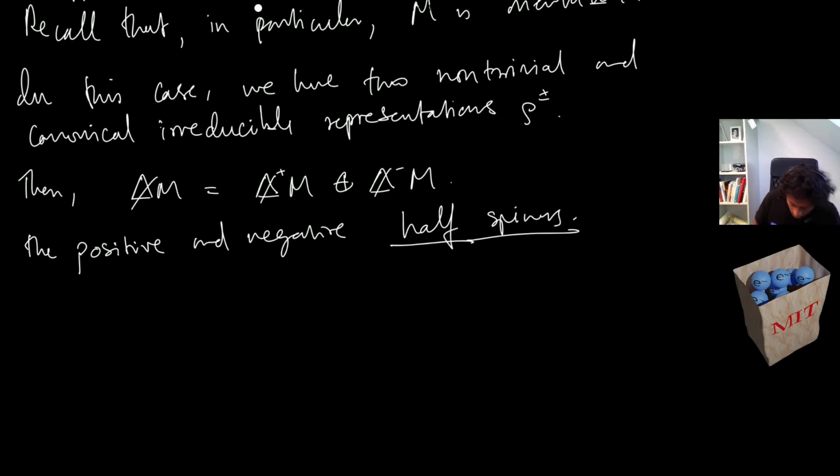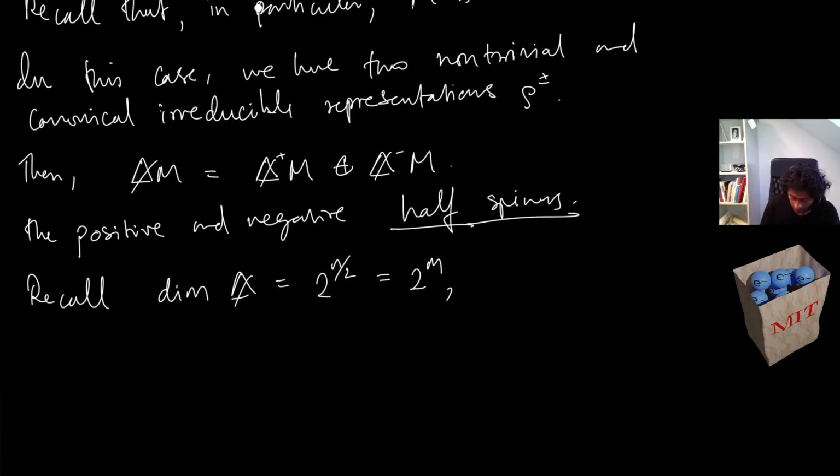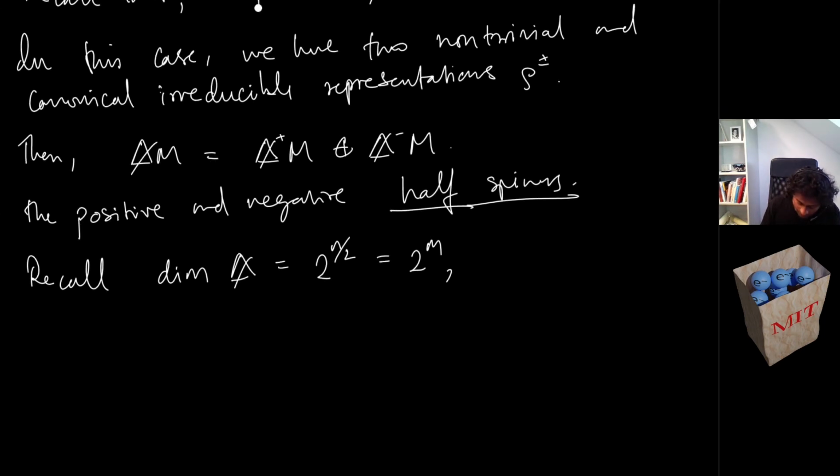What is the dimension of the full bundle? Recall that because we're even dimensional, the dimension of the spin bundle is equal to 2 to the n on 2, or 2 to the m. For these two subspaces, they're of equal dimension, so it really splits this bundle.